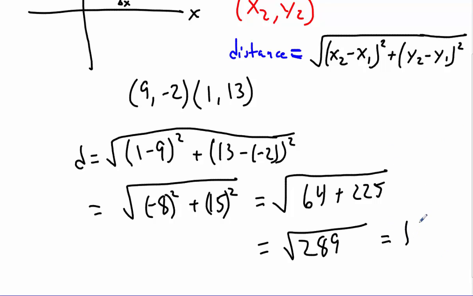Yep, it's equal to 17. So the distance between these 2 points on a coordinate plane is 17.